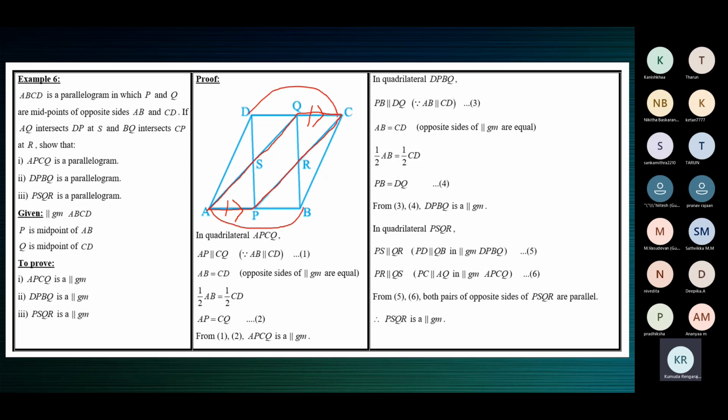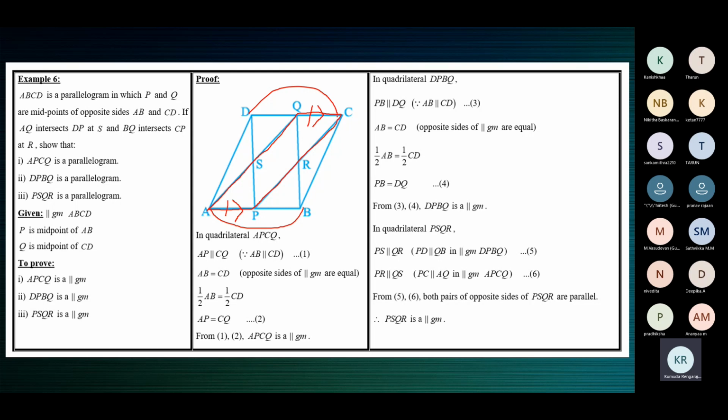Because ABCD is a parallelogram, opposite sides are equal. AB is equal to CD. And see, when you know the midpoint of a line segment, you can use half. When an angle is bisected, you can also use halves. If two wholes are equal, their halves are also equal, but only when the angle is bisected or the line segment is bisected.